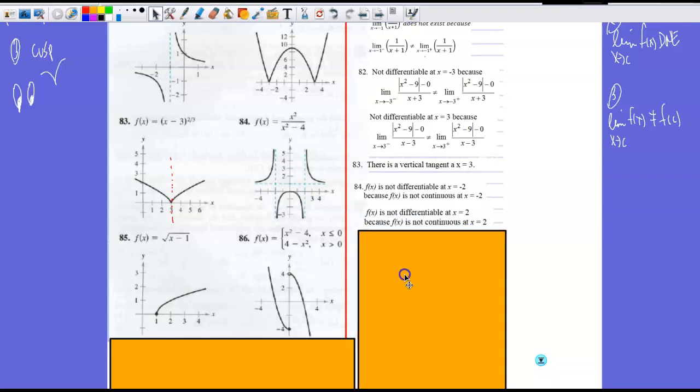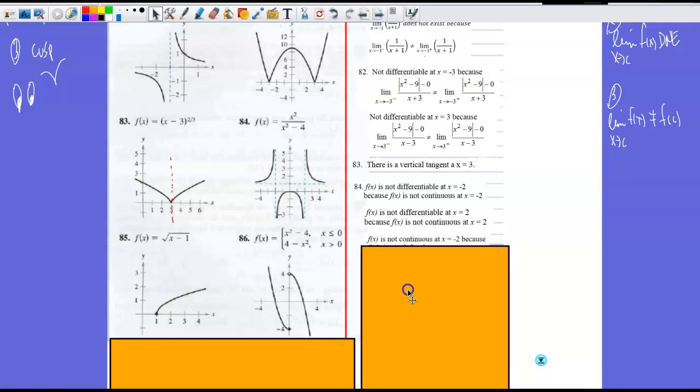And then the reason the function is not continuous, separate idea, well, not separate, but we're doing our separate justification. The function is not continuous at x equal to -2 because there's no y value at -2. Notice how I wrote it. I didn't write no y value. I wrote f of 2 is not defined. I must write mathematically. And the same thing at x equal to 2 because there's no y value.